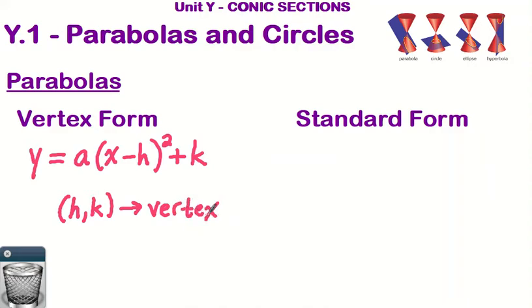It's the vertex. This value right here would be the x coordinate of your vertex, and this value right here would be the y coordinate of your vertex. So h is literally your x coordinate, and k is your y coordinate.